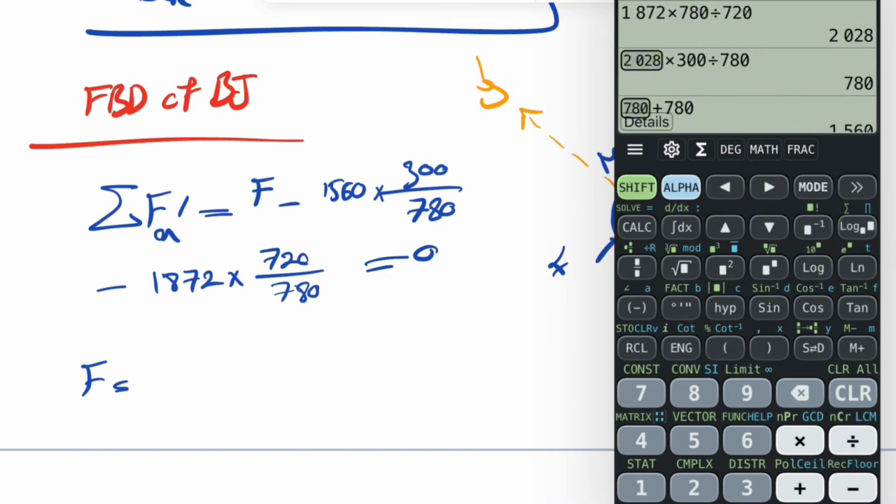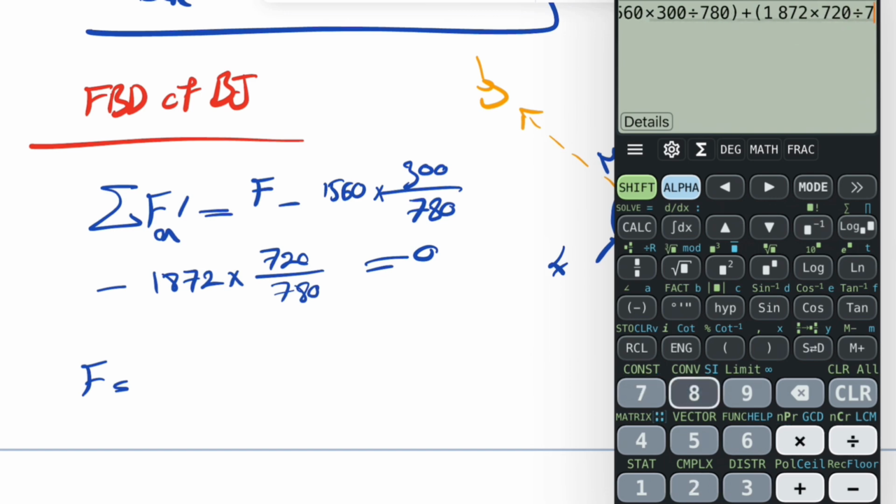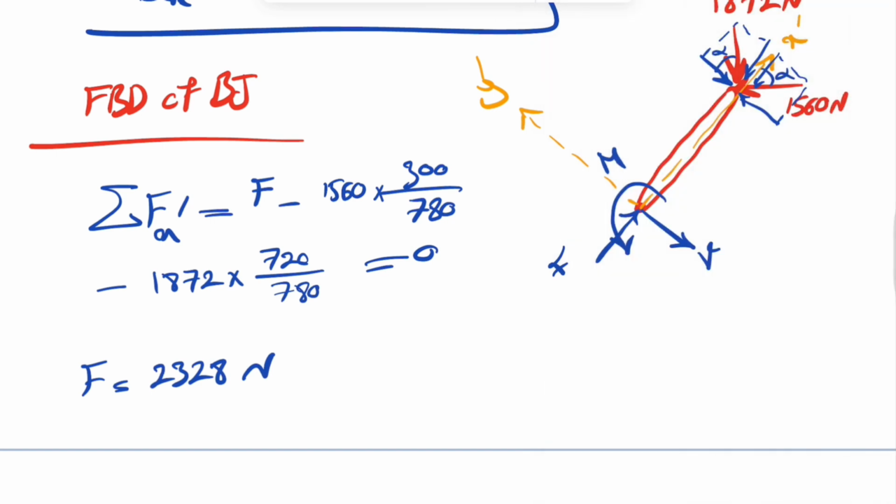Our F is basically 1560 times 300 divided by 780 plus 1872 times 720 divided by 780. So our F would be 2328 newtons. If we want to show the angle, we're going to have the same angle alpha here.